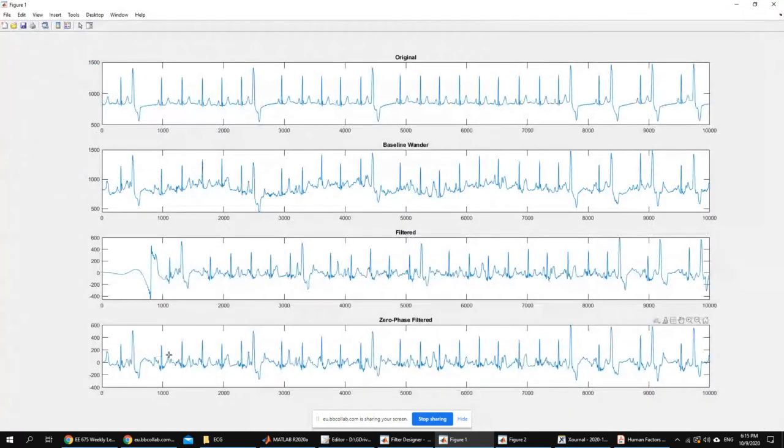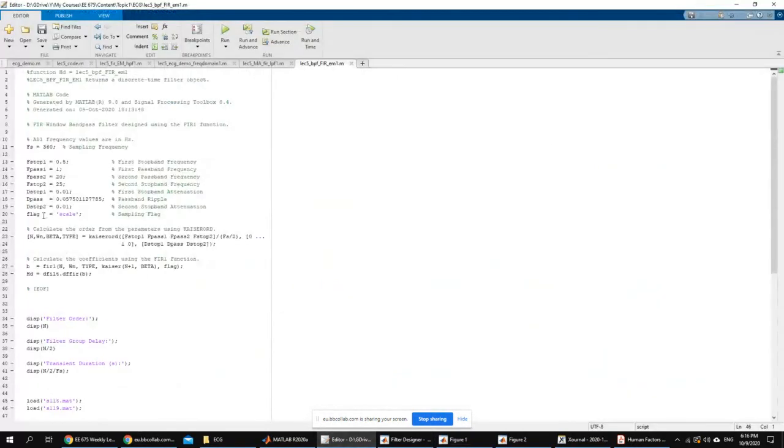Here in the outcome, the baseline one was very clearly having a low pass component. Now the outcome doesn't have it. So I assume that the 0.5 and the 1 are okay. I will change the other frequencies. Maybe I can have that as 15 and maybe 20 here and see.